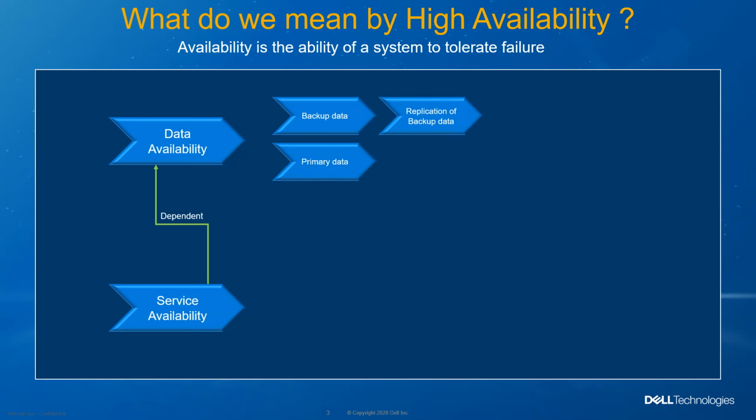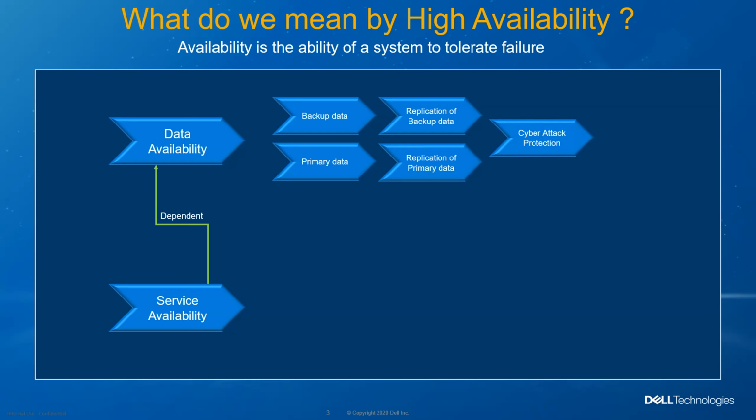Whilst backups and protection of backups is important, it's the availability of primary data that supports the service availability. Consequently, high availability of primary data by means of replication or mirroring is also a basis for service high availability. Finally, both backup data and primary data can form the basis of cyber attack protection. These are the core components of data high availability.